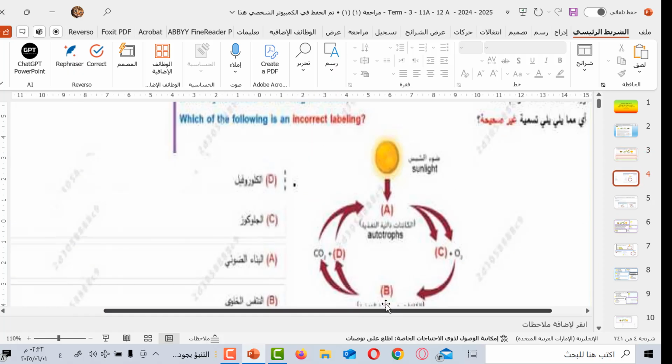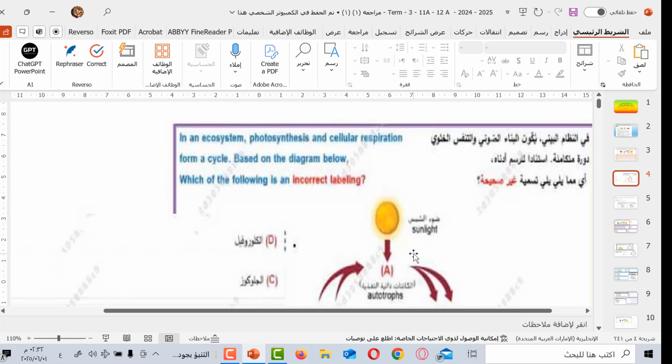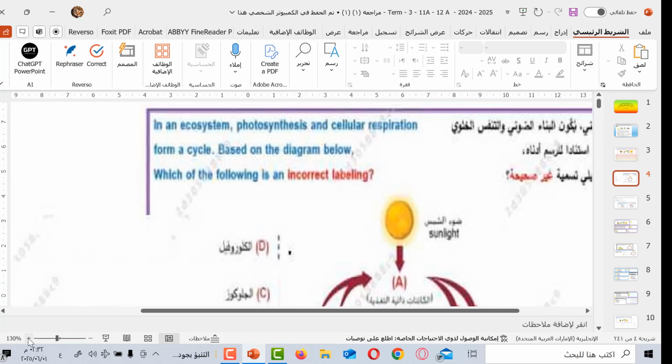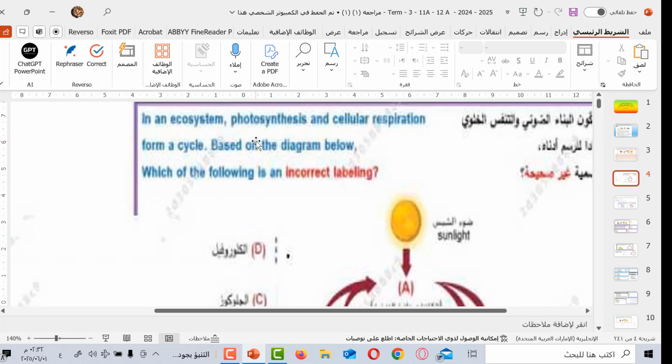This is directly for this shape. He asked here about an ecosystem. Let's make it bigger. Okay, in an ecosystem, photosynthesis and cell respiration form a cycle. Based on the diagram below, which of the following is an incorrect labeling?